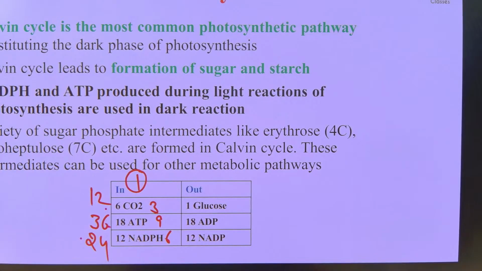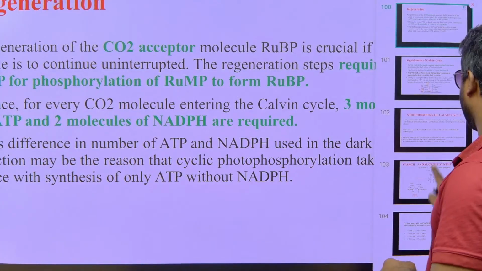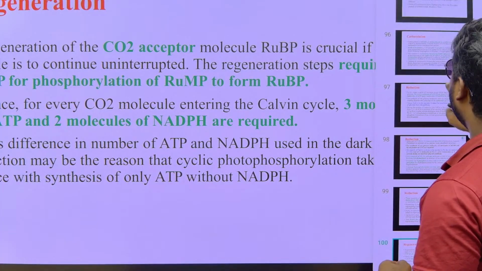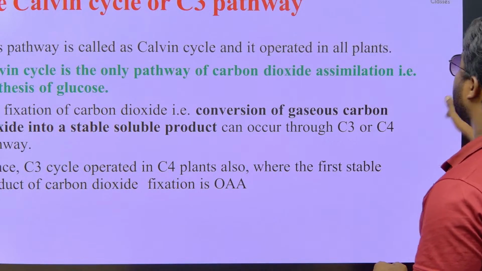For 1 sucrose, same. Correct? Based on that you have to calculate. So 90% of the time questions will come from the calculation only. I have written every single step very briefly and elaborately.